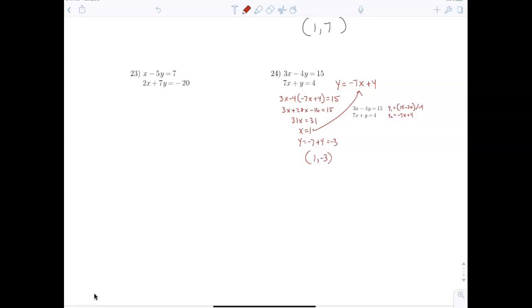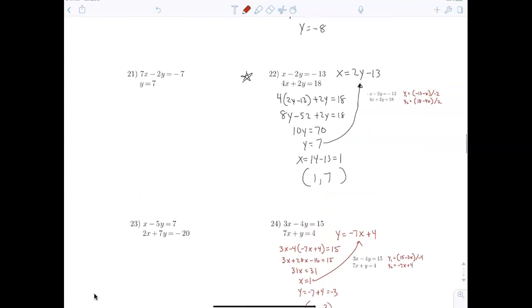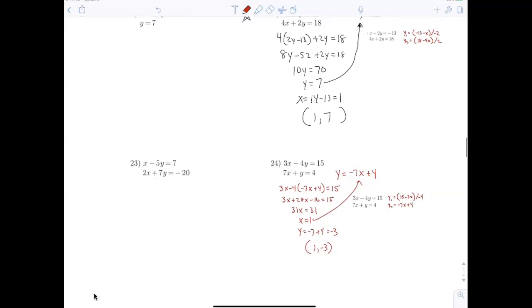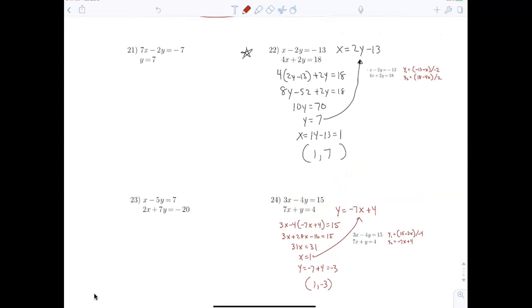So the assignment yesterday was 1 through 20, right? So I need everyone to make sure 1 through 20 is completely done. And then I'll give you a little break. Let's just do the evens from 22 to 40. Under this condition that you're checking with your calculator, I want Y1, Y2. Does everybody see what I'm saying? So I know you're typing into your calculator. Does everybody agree with that?